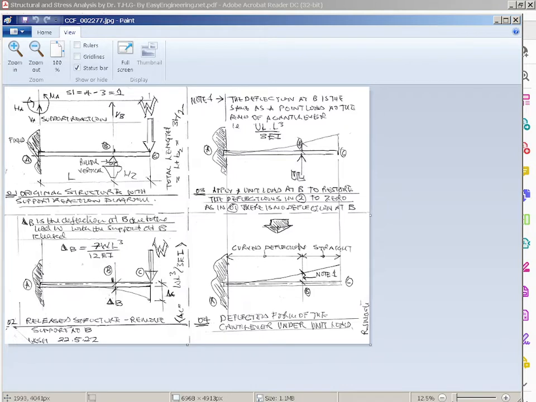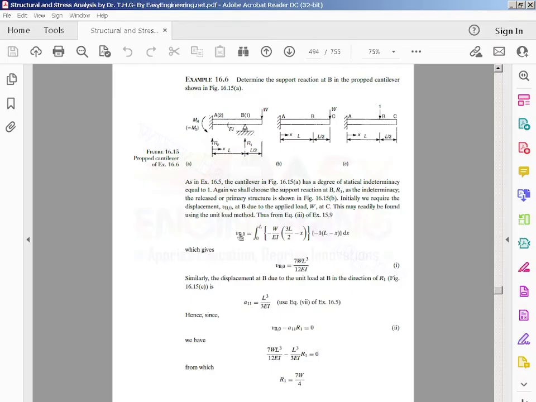The deflection at position B is equal to 7WL cubed over 12EI. Just out of interest, the deflection at C would be WL cubed over 3EI, but you don't need that at the moment. We just want VB0, which is 7WL cubed over 12EI.